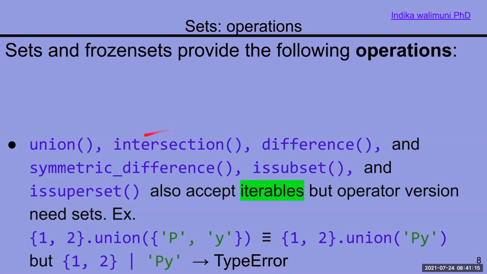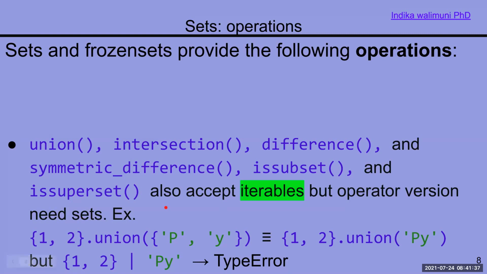So basically, we can pass an iterable. Well, it has to be hashable, right? But if it's a hashable iterable, you can pass it over here and check these operations too. But the operator version needs actual sets.